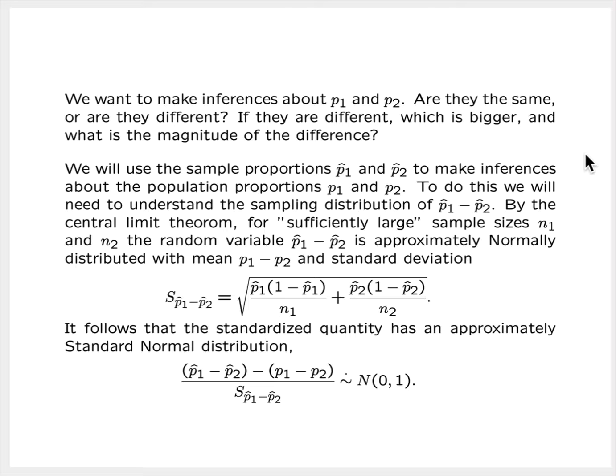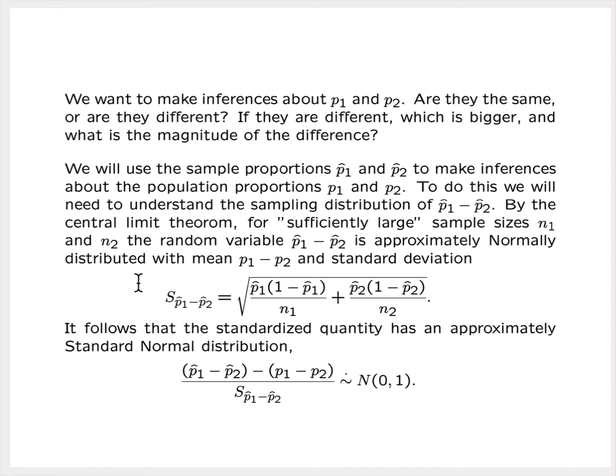Now, recall that by the central limit theorem, for sufficiently large sample sizes n1 and n2, the random variable P1 hat minus P2 hat is approximately normally distributed with mean P1 minus P2 and standard deviation, which we'll denote this way, S with P1 hat minus P2 hat in the subscript.